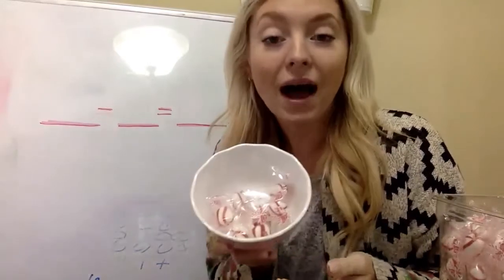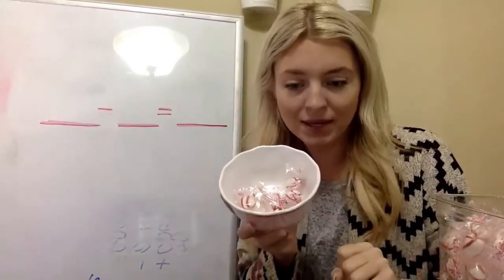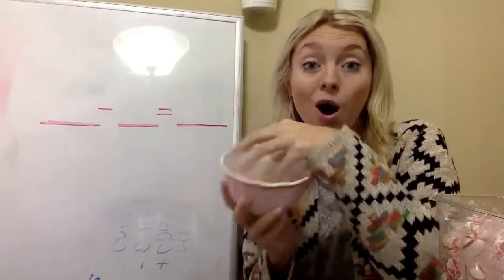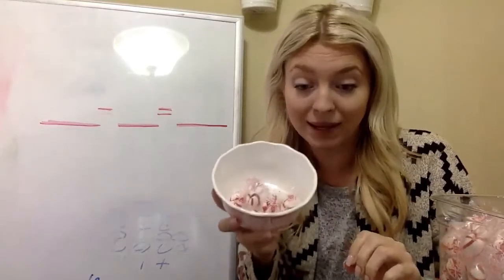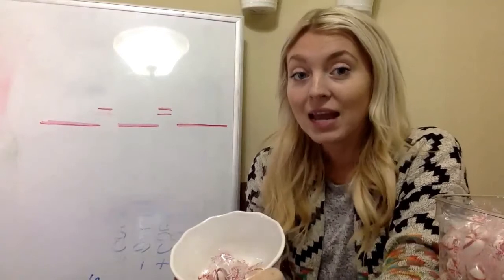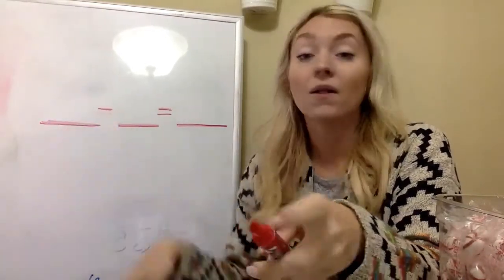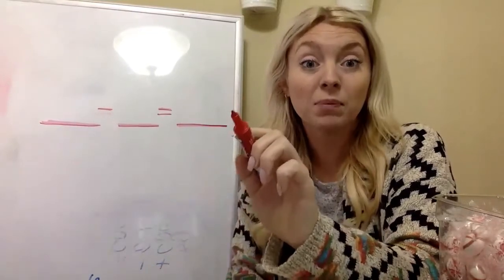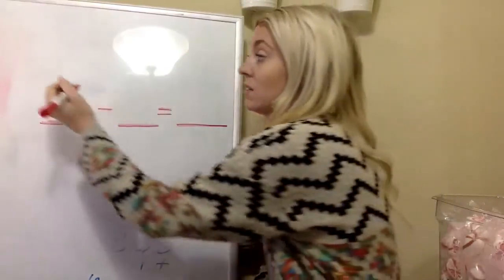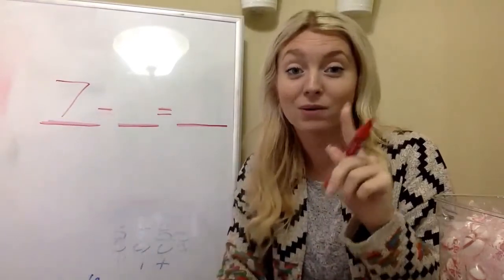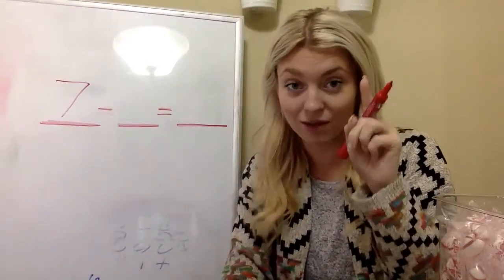All right, so I've got 7 peppermints in my bowl. That's how many peppermints I've got all together. That number 7 is gonna be the first number we plug into our subtraction sentence. So let's go ahead and write the number 7. I'm writing backwards. If I can manage to do this, it will be fantastic.